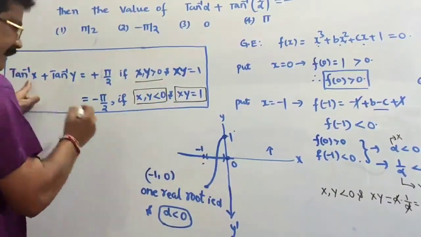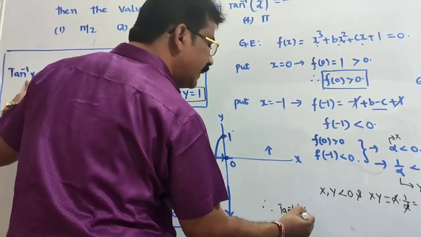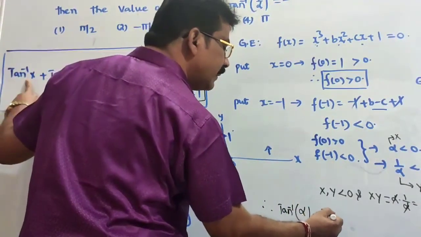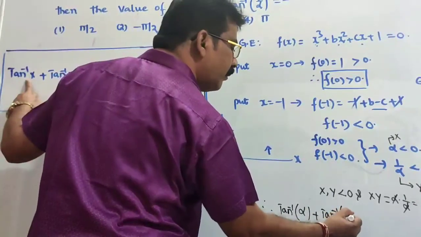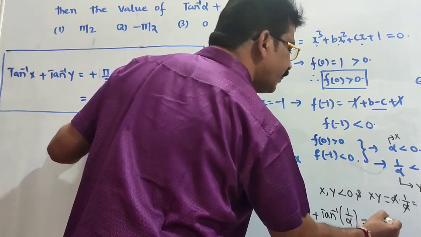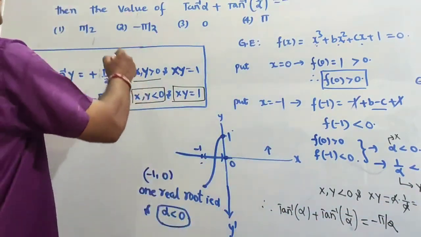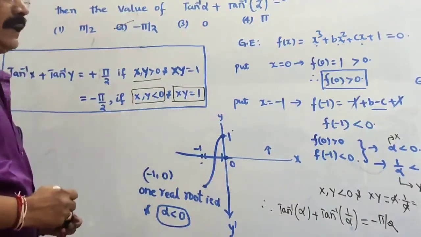So tan inverse of x plus tan inverse of y, that is 1 by alpha, is minus pi by 2. So which option is right? The second option is right. Over.